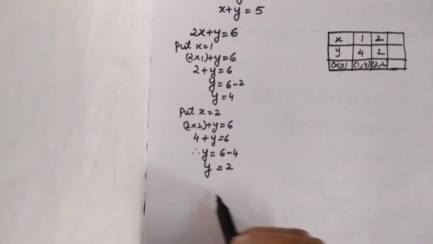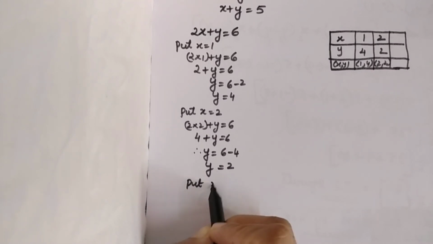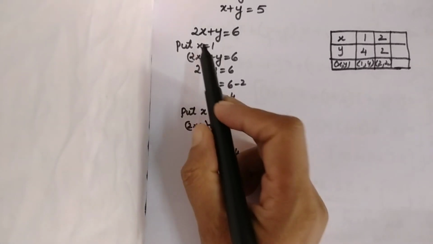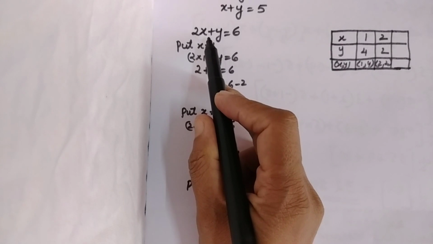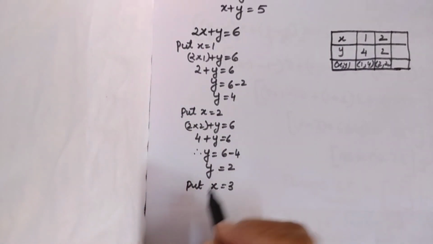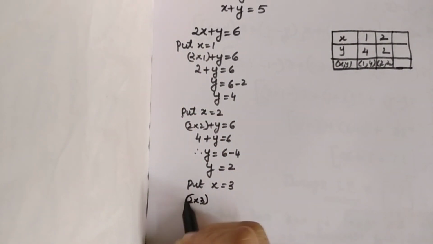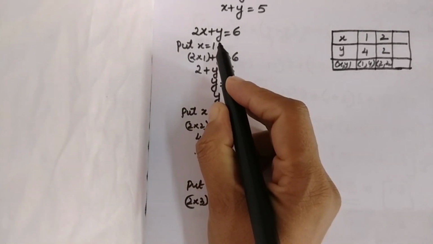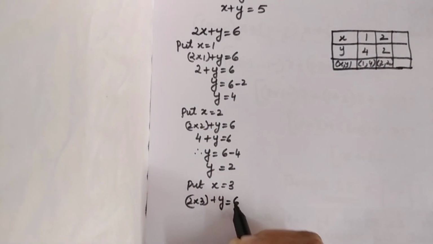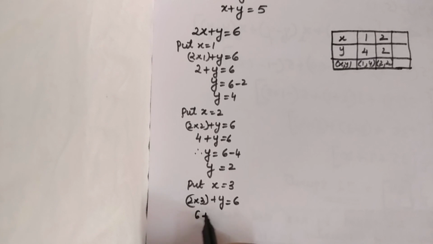Next, you can put one more value. Put x equal to 3. So, in this equation, put x equal to 3. So, 2 into 3 plus y equal to 6. 2 3s are 6. 6 plus y equal to 6. So, y is 6.